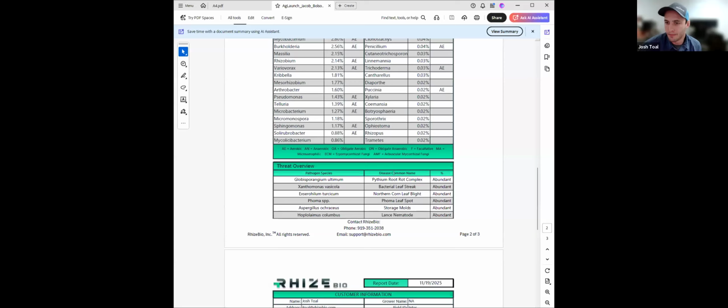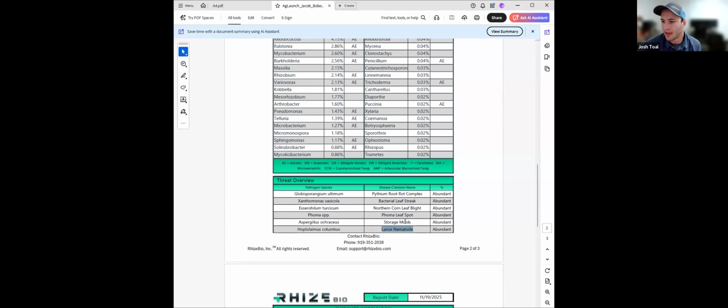Let me share this report here. We had a couple of abundant pathogens, in particular Pythium root rot, bacterial leaf streak, northern corn blight, and lance nematode. So we did get a nematode.